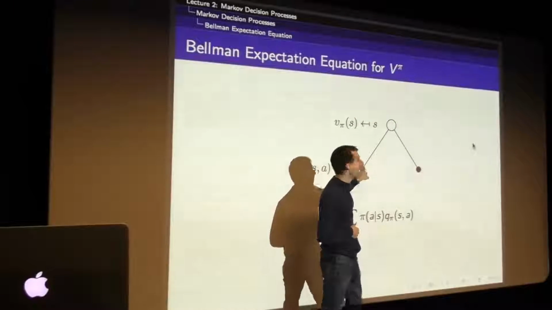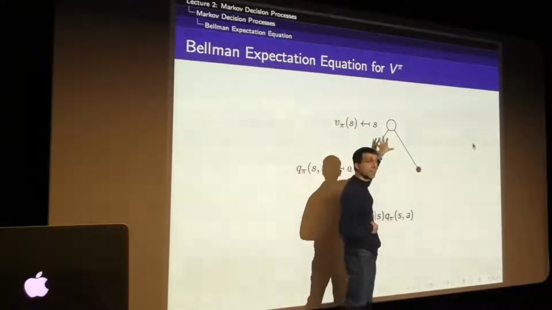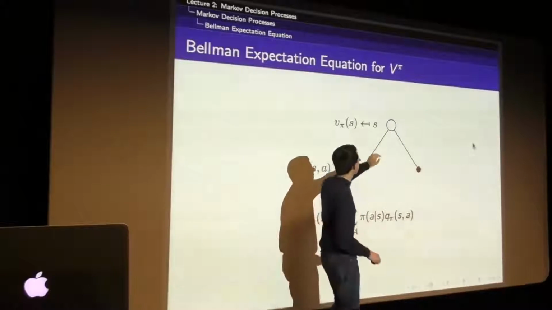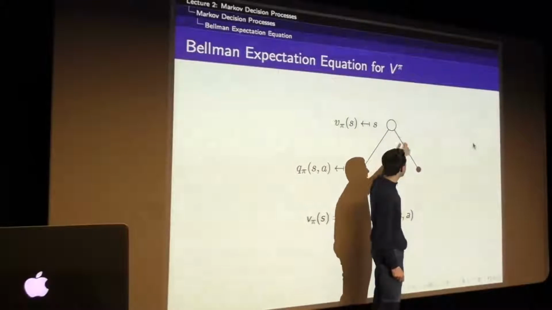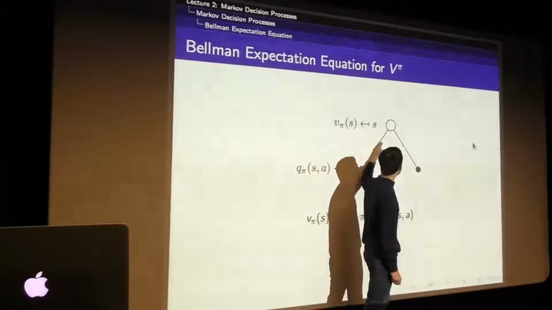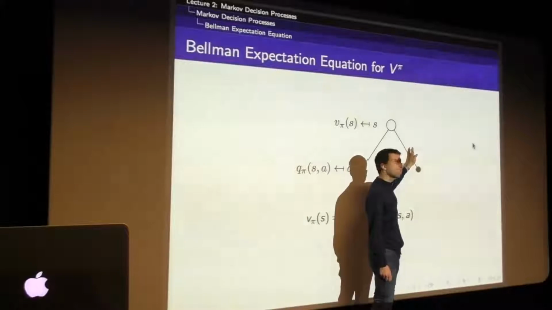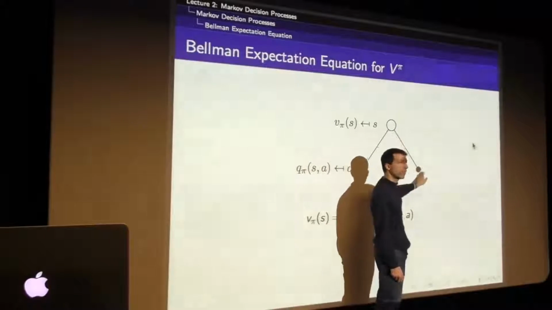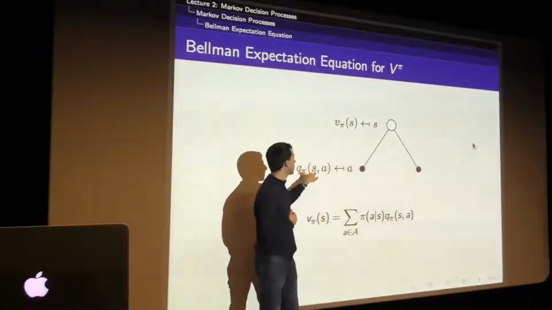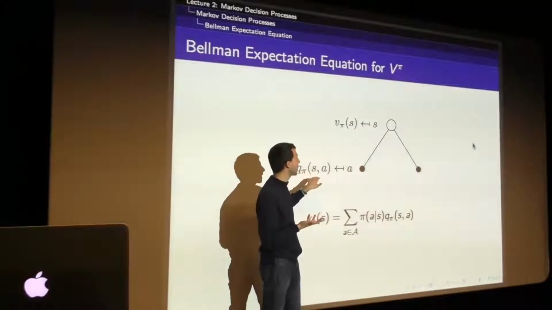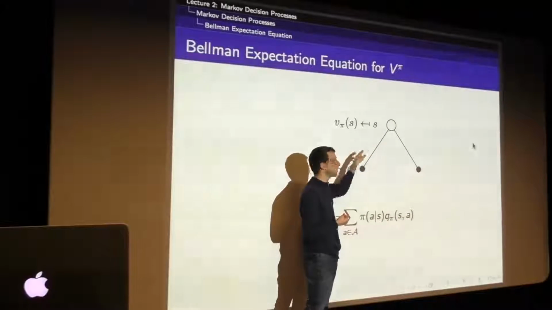These black dots represent actions and these open circles represent states now. So we're in some state here. We might take this action here. We might take this action here. The probabilities of these things are defined by our policy. So this is like the probability I'll go left, the probability I'll go right. And for each of those actions we might take, there's a Q value. There's an action value telling us how good it is to take that action from that state.